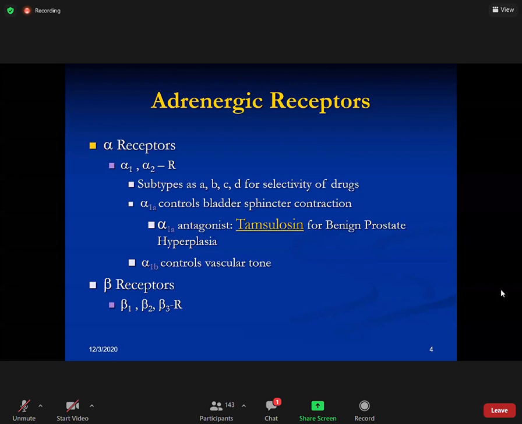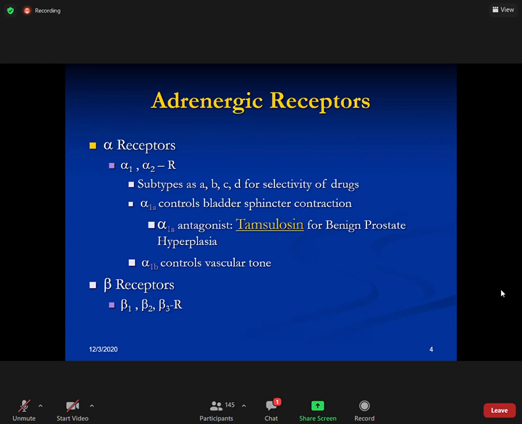Alpha 1A. Why? I'm asking, would you give him a general alpha 1 antagonist, or alpha 1A? Regardless of what I put, you have to tell me why alpha 1A. Because the alpha 1B receptors are still in the system, and the most important effect of alpha 1B is what?